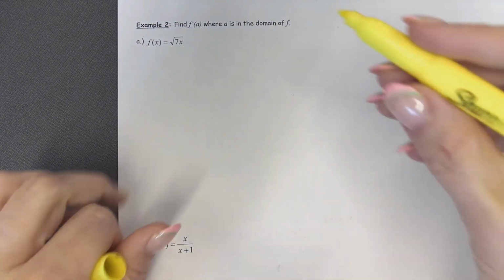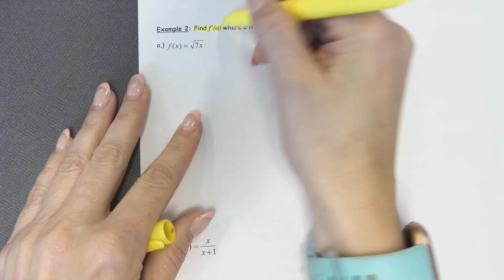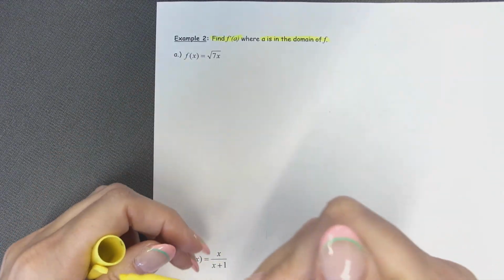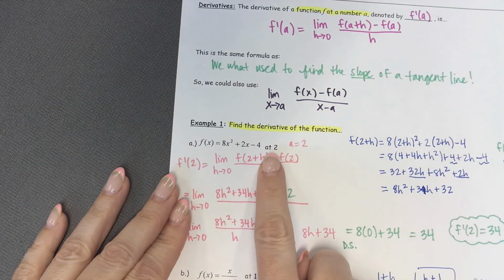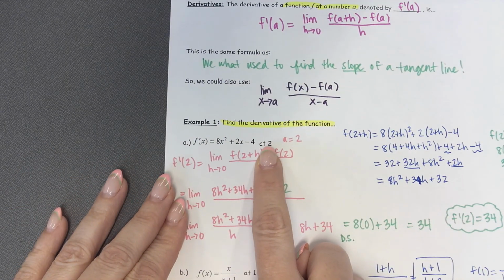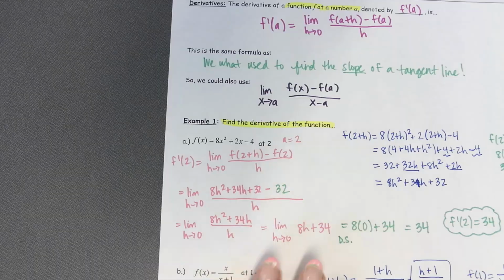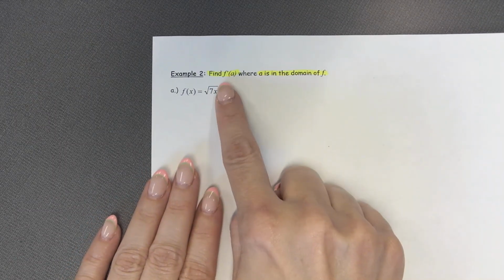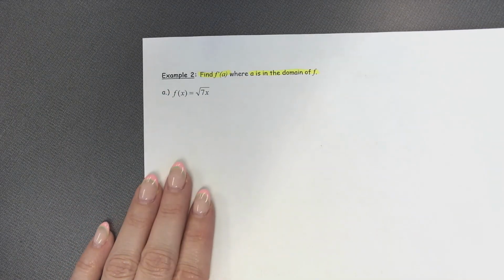Okay, so on the back it says find f prime of a, where a is in the domain of f. Before, we were finding these values at a given number. A was a number. Here, we're finding the derivative at a.